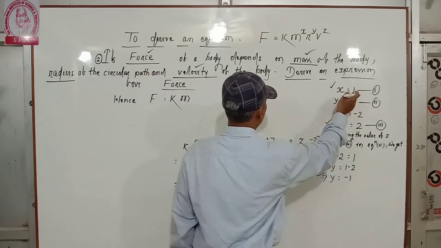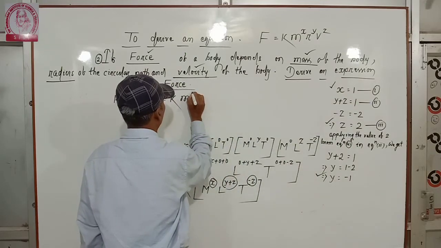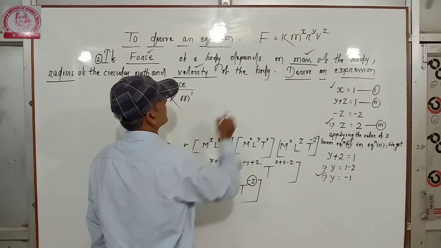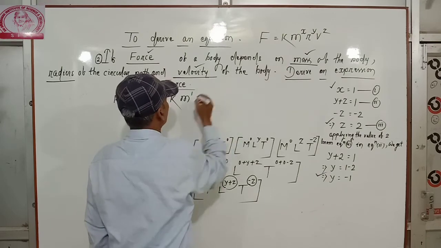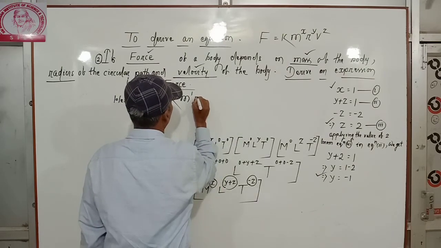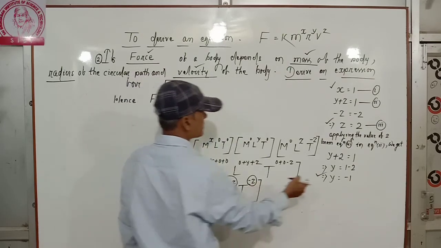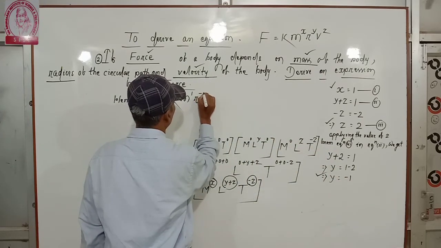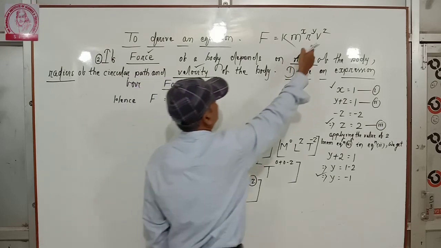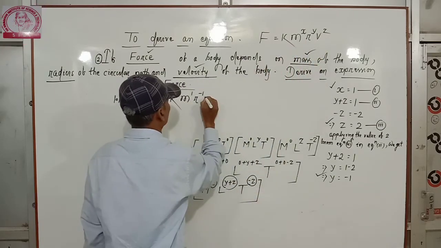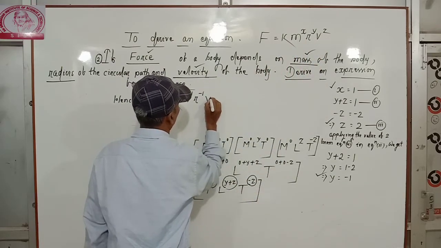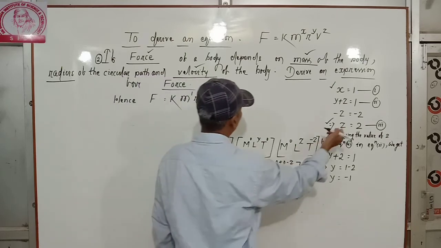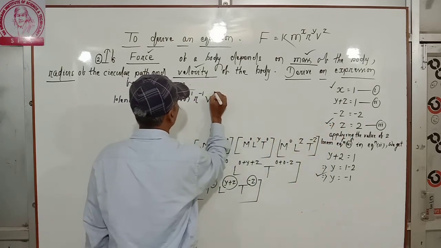What is the value of x? 1. M to the power 1. R to the power y. What is the value of y? Minus 1. Then it is v to the power z. What is the value of z? 2.